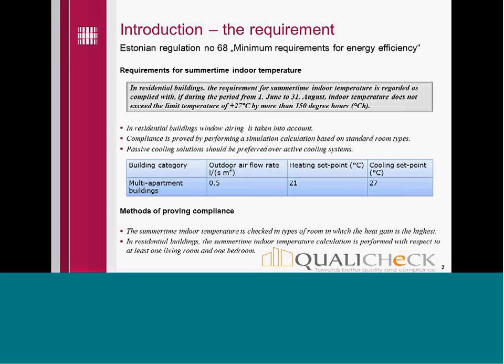How this will be calculated, I will discuss later. And 27 has been set as a limit temperature for residential buildings, so it means that it's some sort of flexible limit because the accepted excess is 150 degree hours.